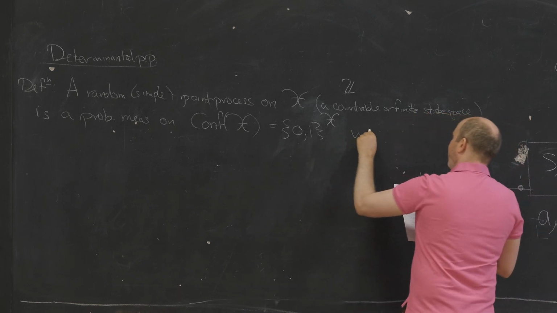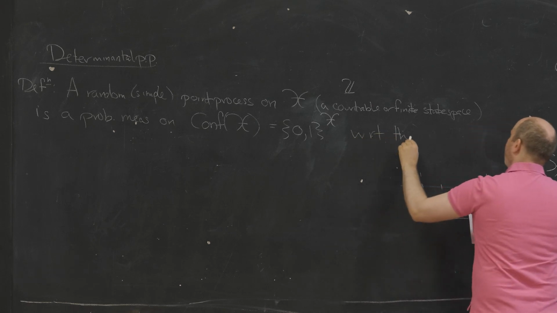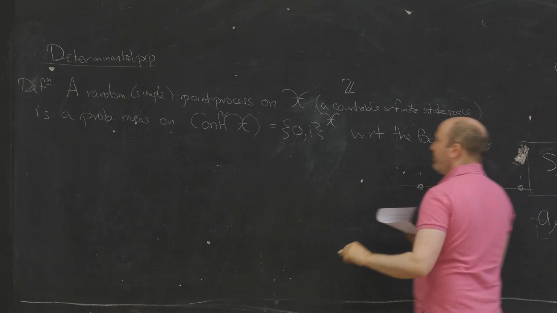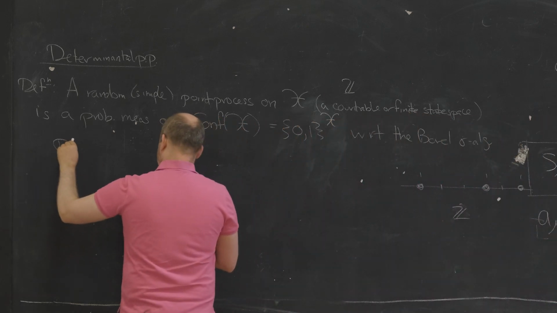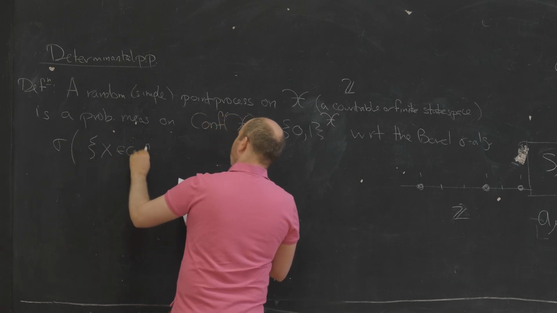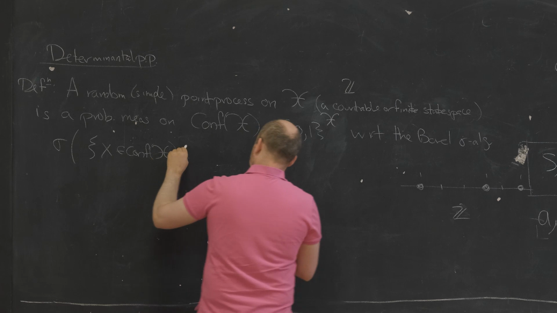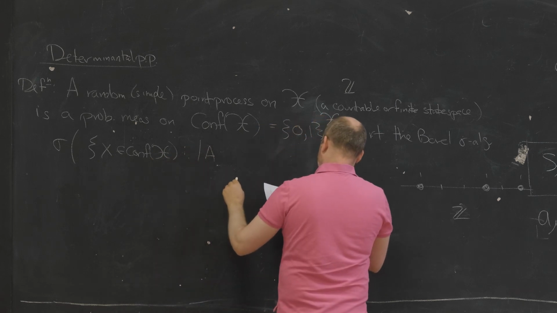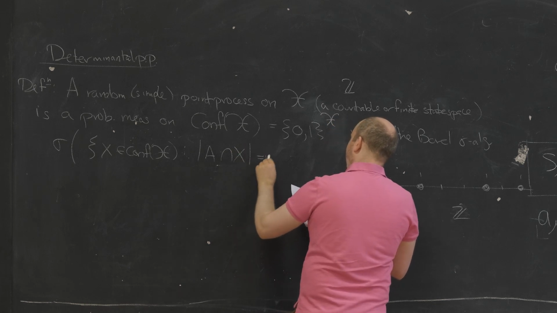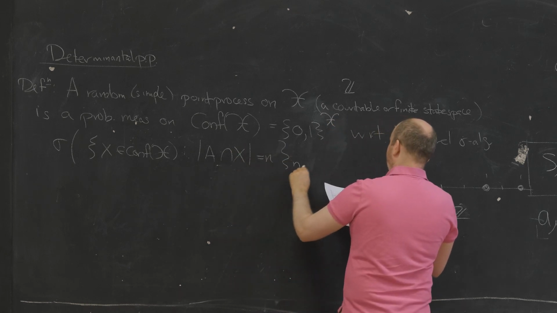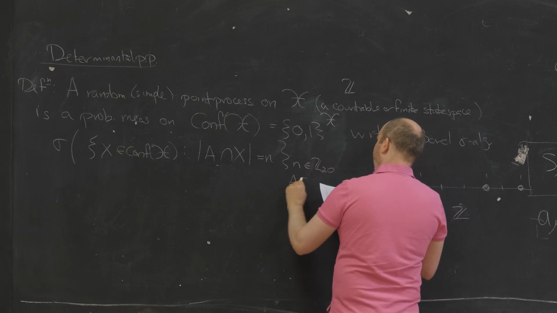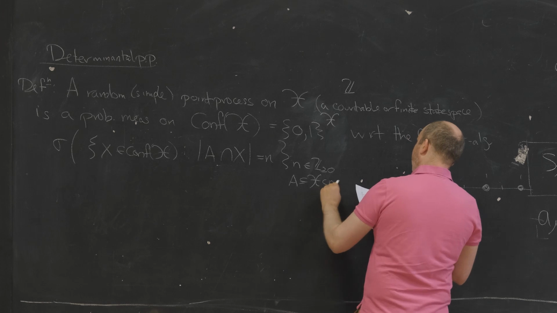So with respect to the Borel sigma algebra, which is generated by the x's in configuration such that the number of particles in any compact set A is n, as n varies in the natural numbers and A varies in all compact subsets of chi.